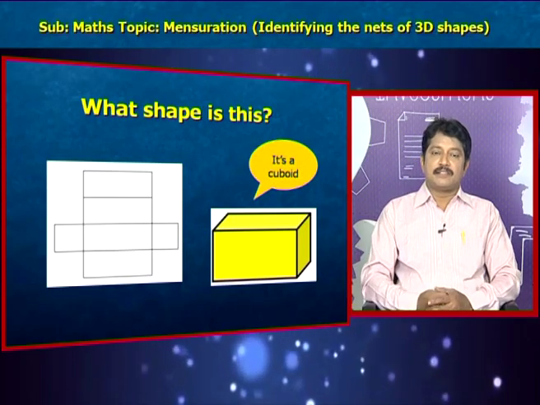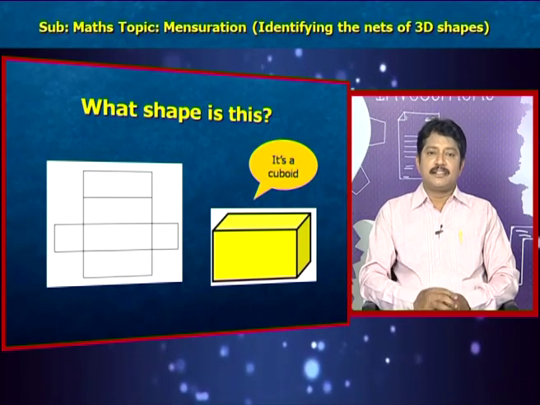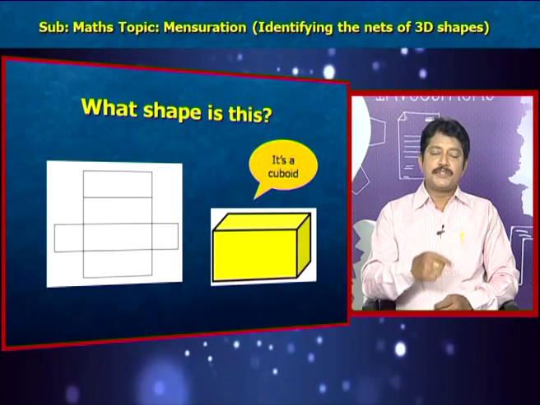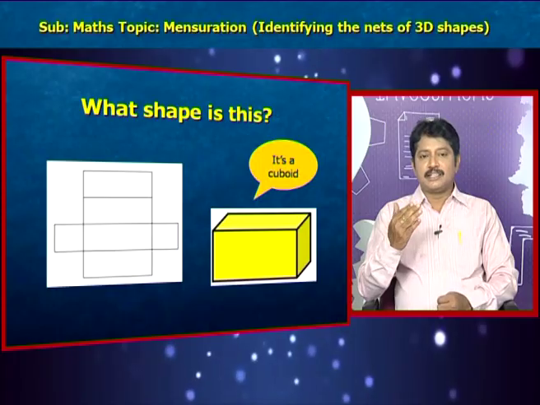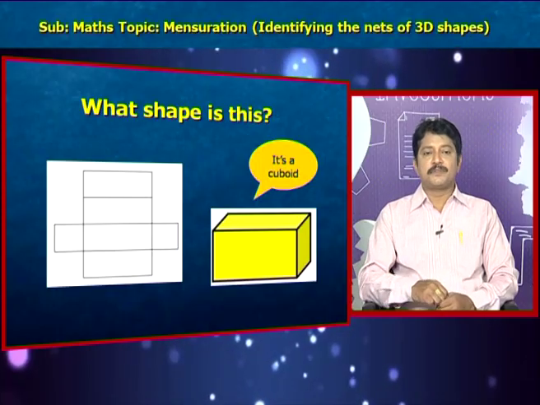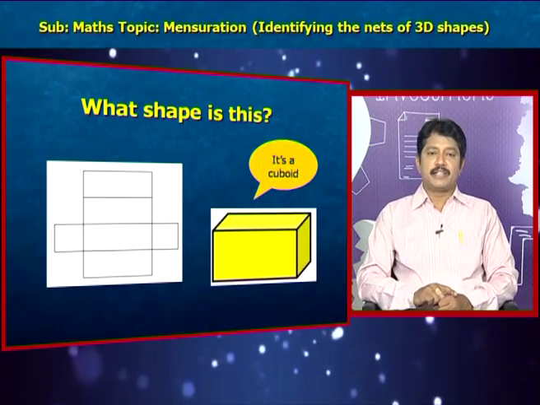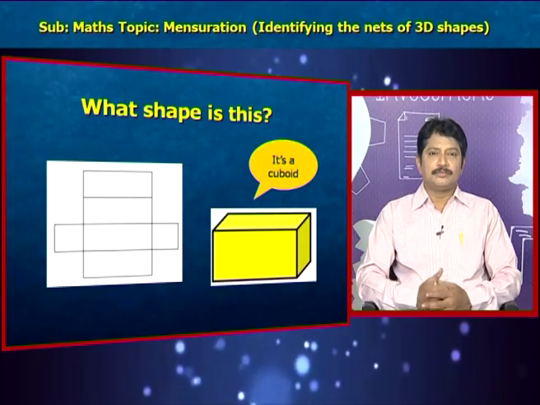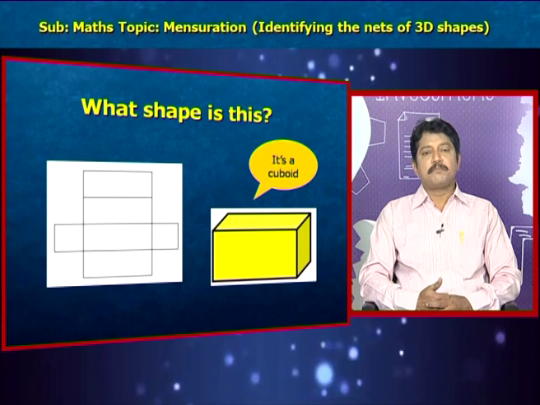What shape is this here? Here, all are mostly rectangular shapes, correct. If you see, vertically there are 4 rectangular shapes, and when you take the outside, it is in a square shape, correct. So, can you imagine what shape this is?